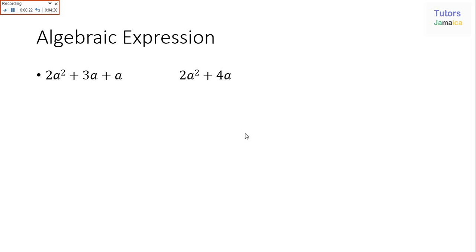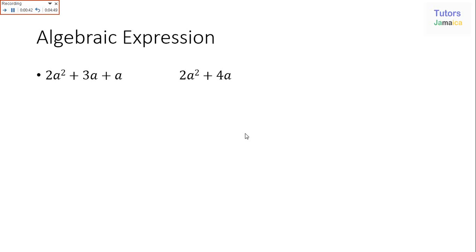2a squared plus 3a plus a can be simplified as 2a squared plus 4a. We cannot add 2a squared and 4a because they are raised to different indices.